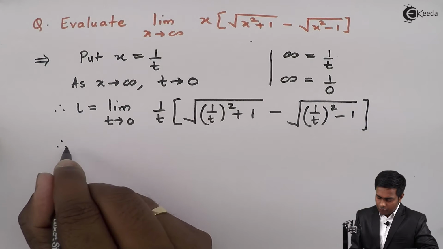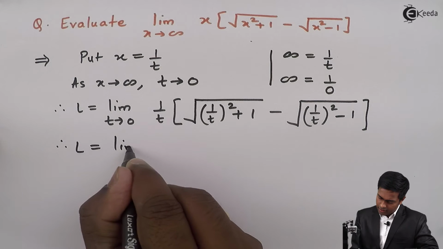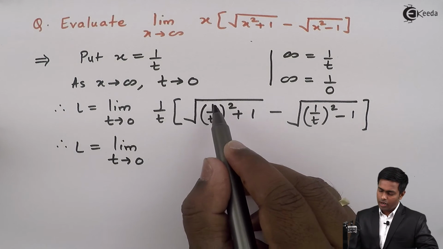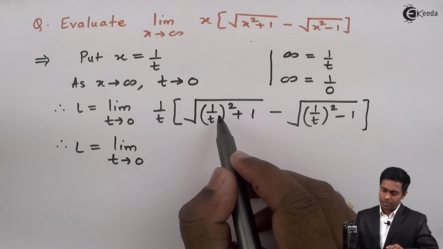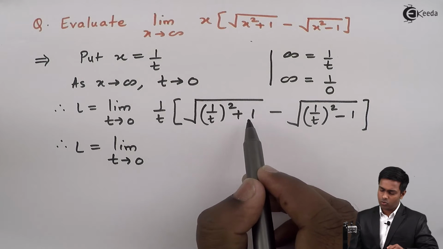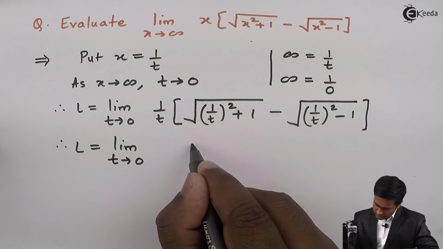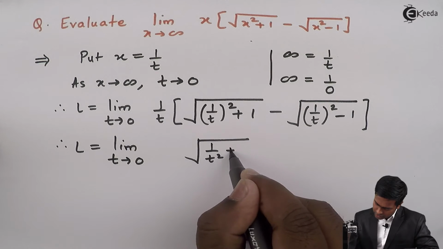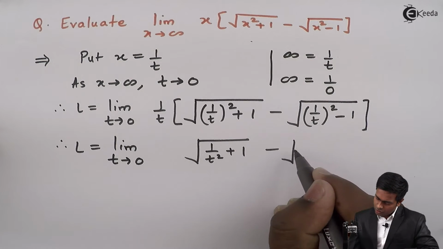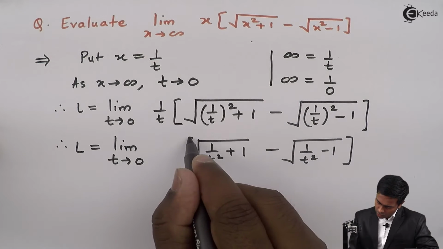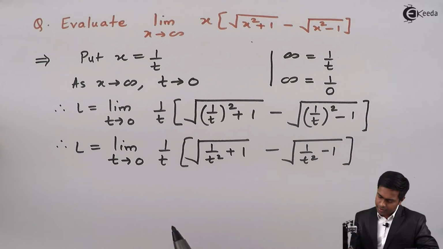Now we will get L as limit t tends to 0, square root of 1 upon t square plus 1 minus square root of 1 upon t square minus 1, and outside this bracket we have 1 upon t.